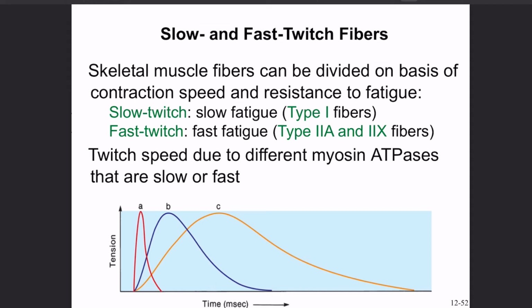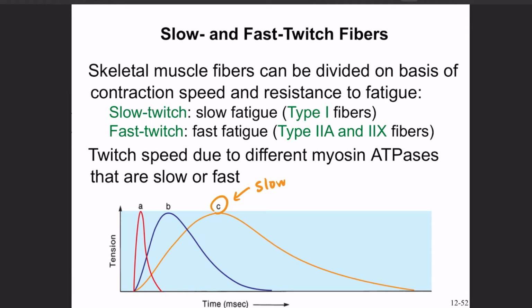Different individuals have different types of muscle fibers. We have 2 major types, and they're called slow twitch or fast twitch fibers. Slow twitch fibers mean they are slow to contract and slow to fatigue, and so that's shown right here. This is a slow twitch fiber. And then for fast twitch fibers, they are fast to contract, fast to fatigue.